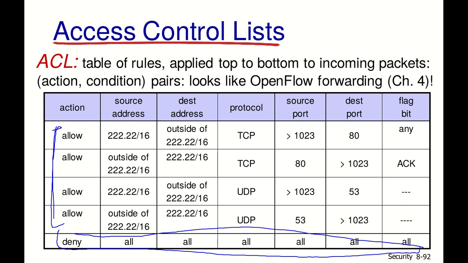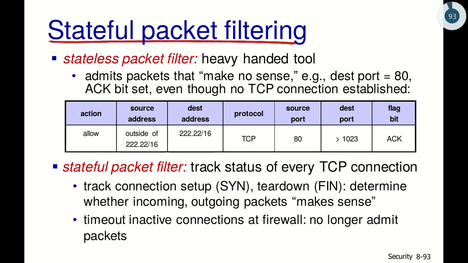So in this case, we allow only outgoing DNS requests and incoming DNS responses, and we also allow any outgoing TCP requests from internal networks, and the outgoing HTTP requests from the internal clients, and the HTTP responses from the external web servers to the internal clients. Otherwise, every other connection is denied.